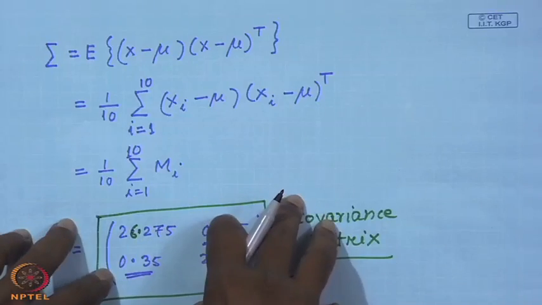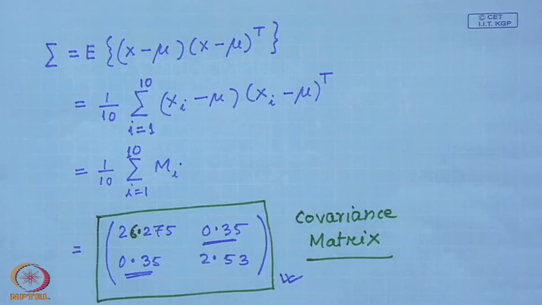So, I get the covariance matrix, and to get the eigenvector of this covariance matrix, I have to solve the eigenvalue equation. First I have to find out the eigenvalues of this covariance matrix. Out of that, I have to choose the maximum eigenvalue and find out the eigenvector corresponding to the maximum eigenvalue.